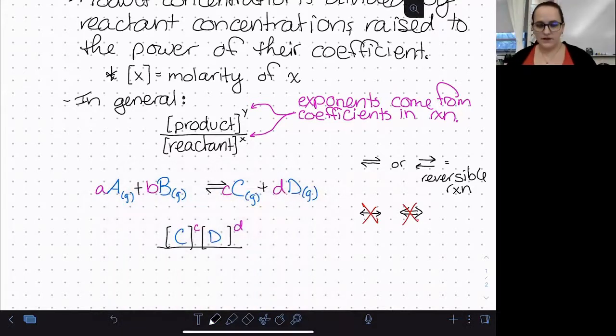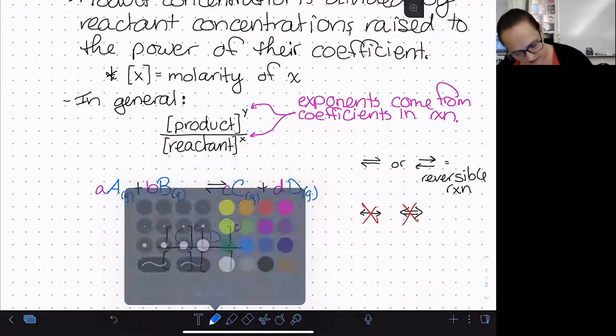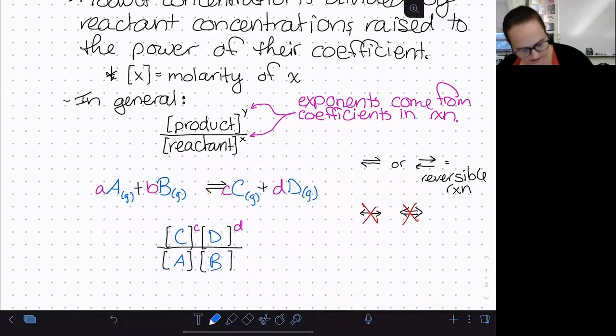And that takes care of the top or the product side. Then reactants go in the denominator, where I will have the concentration of A raised to the a power times the concentration of B raised to the b power. So this would be our equilibrium expression for this like super generic reaction.